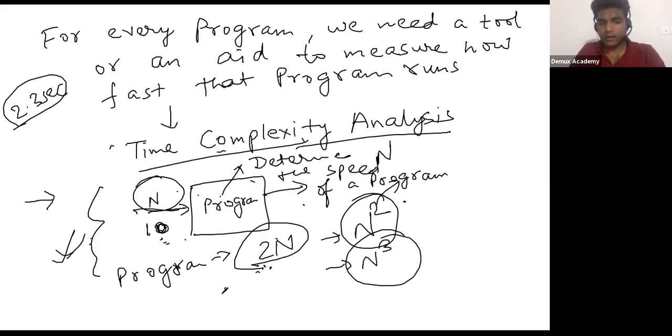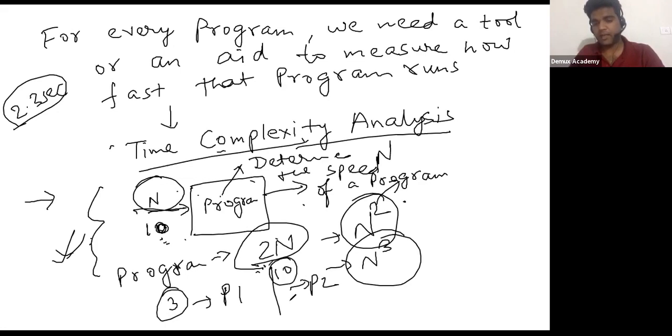But when you want to compare programs, you want to compare them independently. So you don't want to compare a program that ran on an input of size 3 with a program that ran on an input of size 10. It's not fair, right? Because even if P2 is a better program, let's say by a factor of 2, it will still take more time than P1.